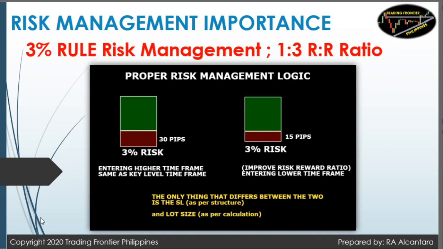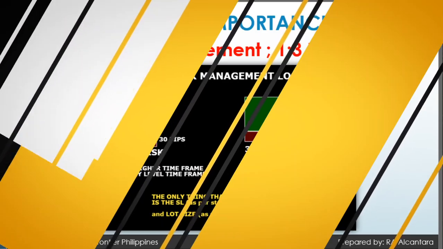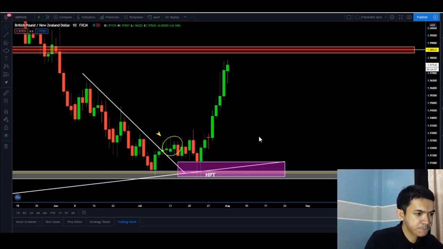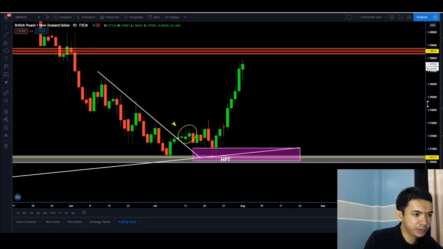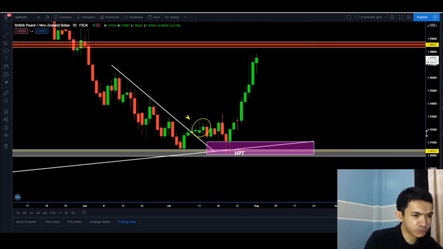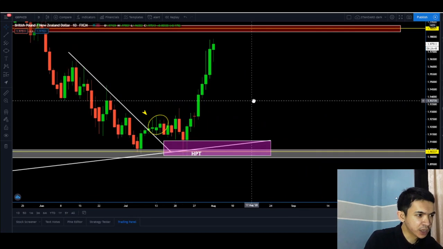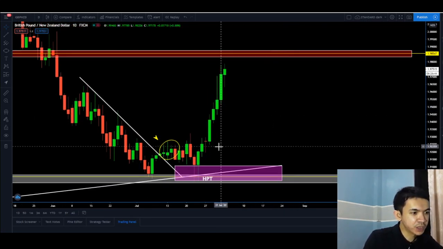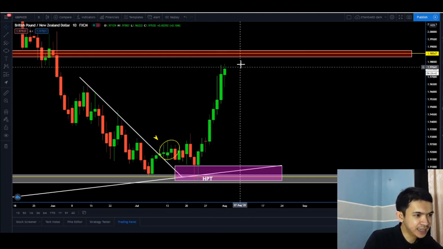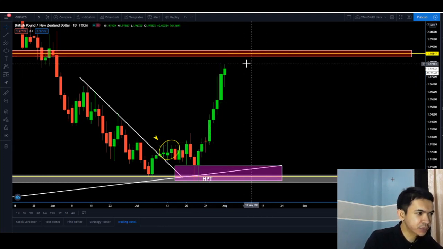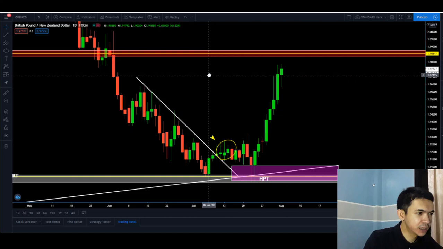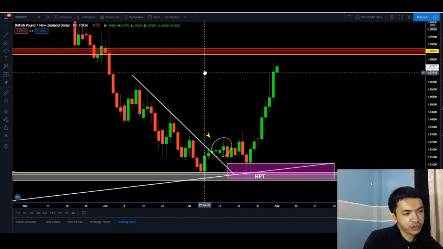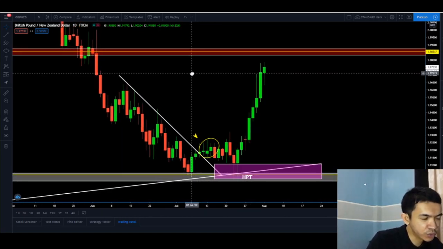So going back to our charts, now we are at the area of the high probability trade area or zone. As I've explained, we only have 1 to 2.5 if I enter here right now at the daily and target the upper key significant resistance level or zone.